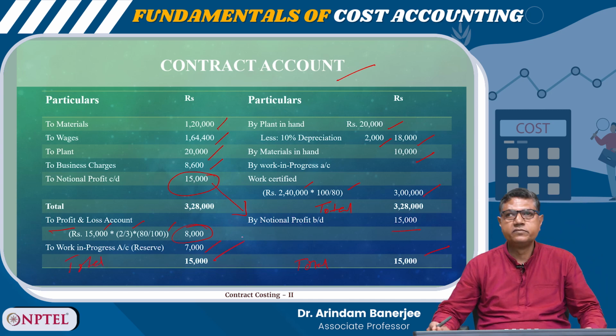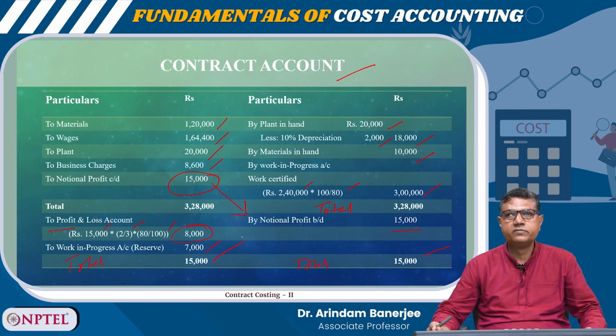This 3,324 I am transferring on this side. So out of this notional profit, for the amount which will go to the profit and loss, I am using this formula: 2/3 into 3,324 into 15,000 by 20,000. So it is 1,662, right?